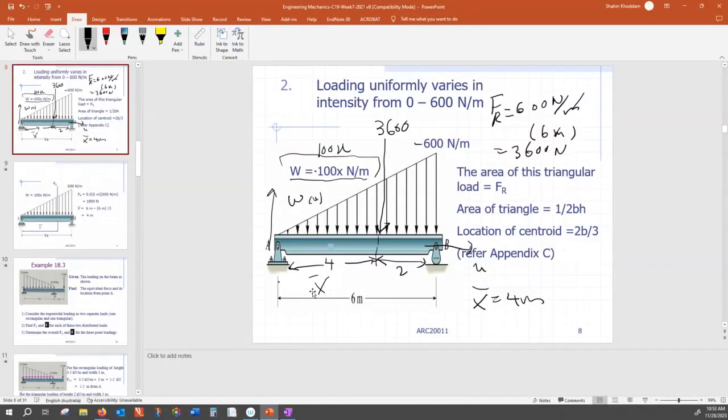If you are given a beam that's complex, you have to simplify it. How do you simplify? You replace the distributed load with a lumped load. Why? Because I'm interested in reactions. Why am I interested in reactions? Because after reactions, I need to go and find the internal forces inside the beam. I haven't told you that yet, but we are preparing for that now.